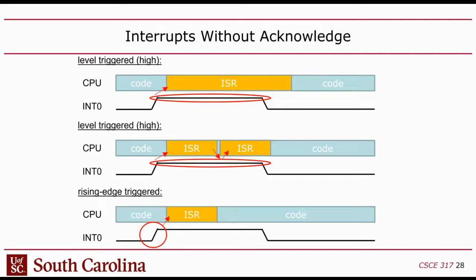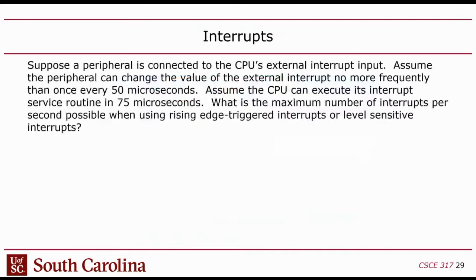Another way to do it is rising edge triggered, where the CPU is able to detect the rising or falling edge of the interrupt line, which is a little better, but there's still no feedback to the peripheral, so the peripheral has no way to know if it was acknowledged.